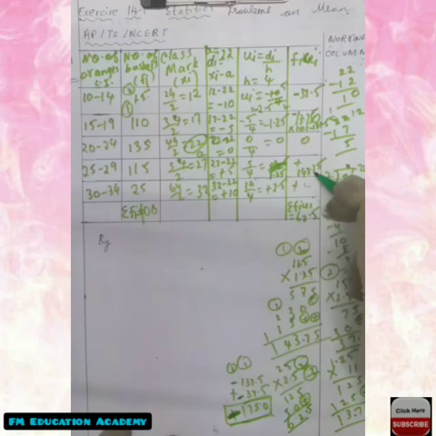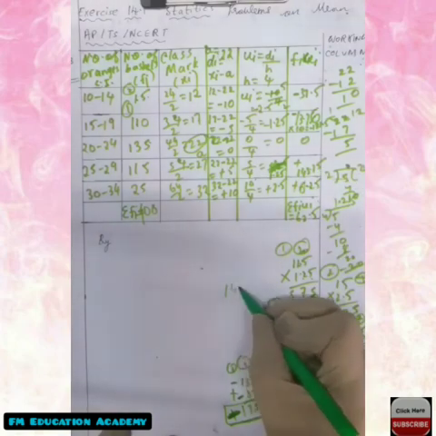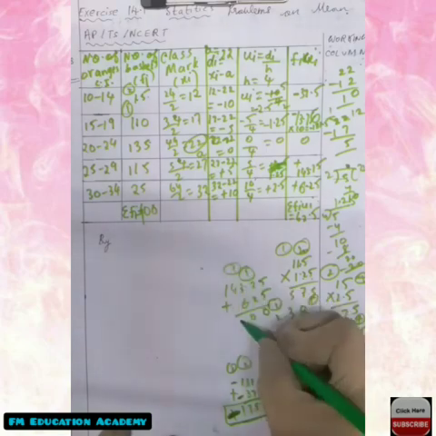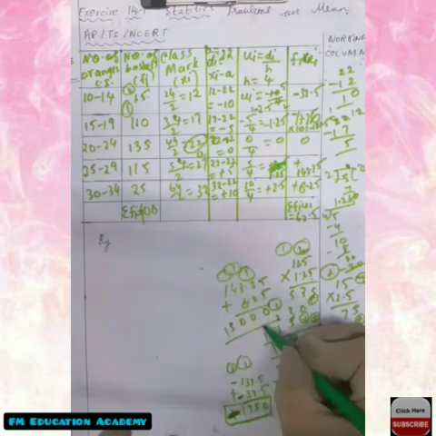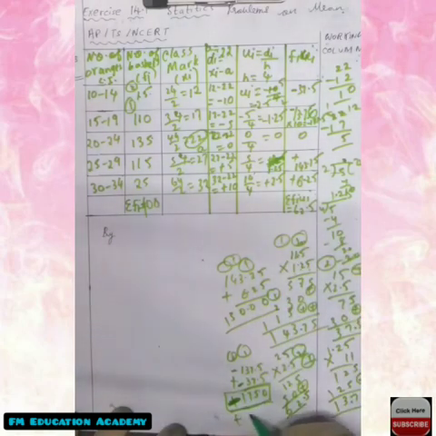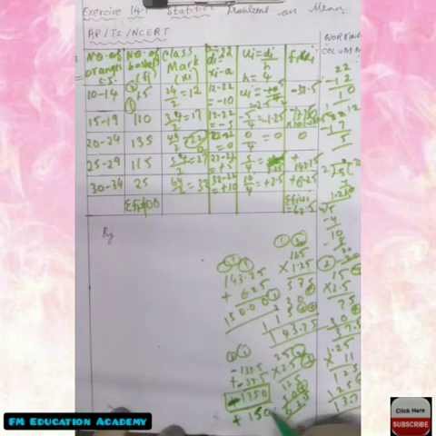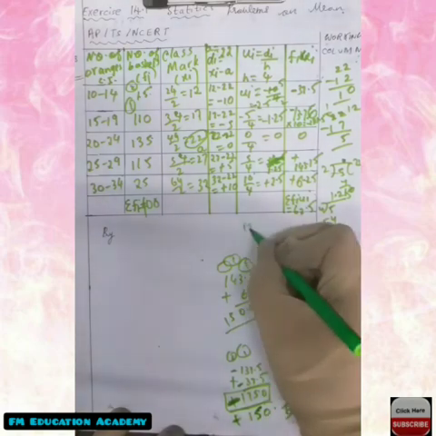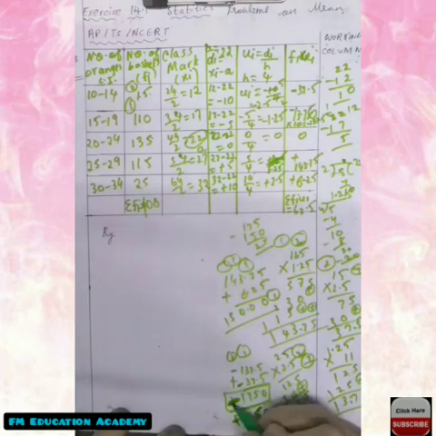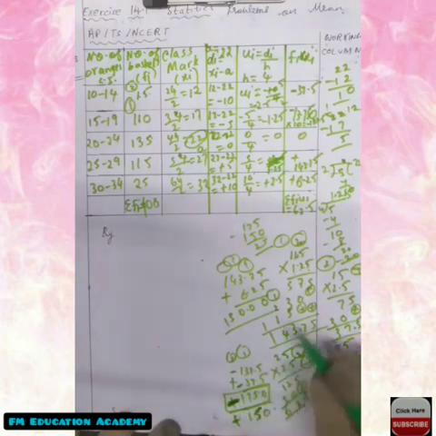And here I have plus 143.75 and plus 6.25. 143.75 plus 6.25 gives 150. So here I have plus 150. So minus 175 and plus 150 means subtract 175 minus 150, that is 25, and bigger number sign minus is minus, so minus 25.